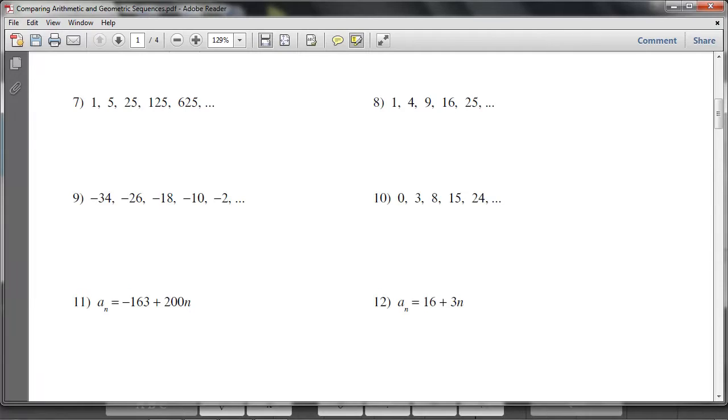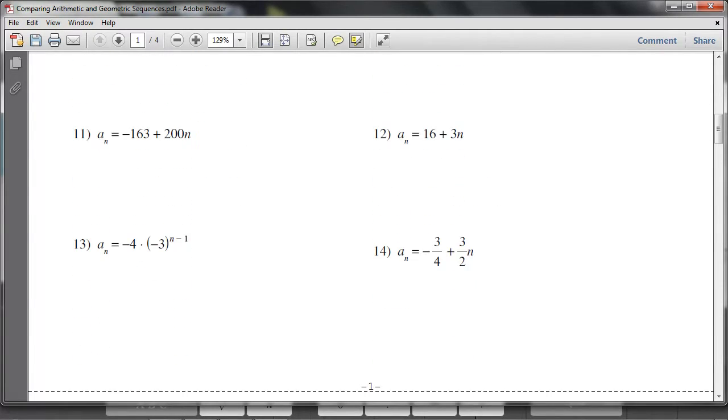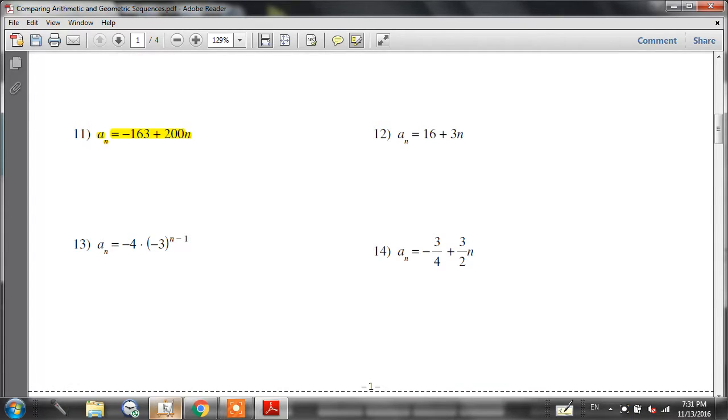Now we're still doing these over here, and now you're given a rule. I like to do these two before I finish, inshallah. Here we're given a rule, and we're asked to see if this is a geometric sequence or an arithmetic sequence. So a_n equals negative 163 plus 200n.